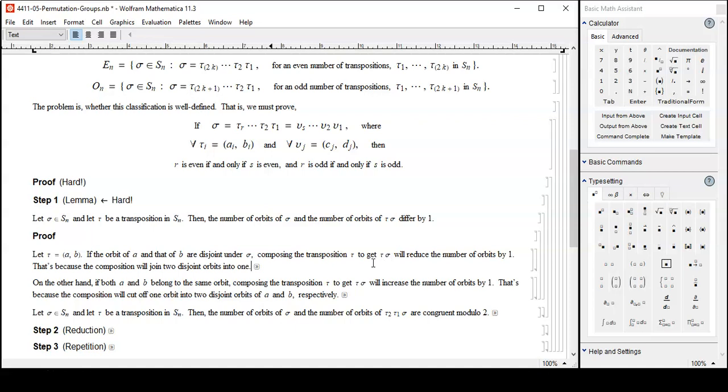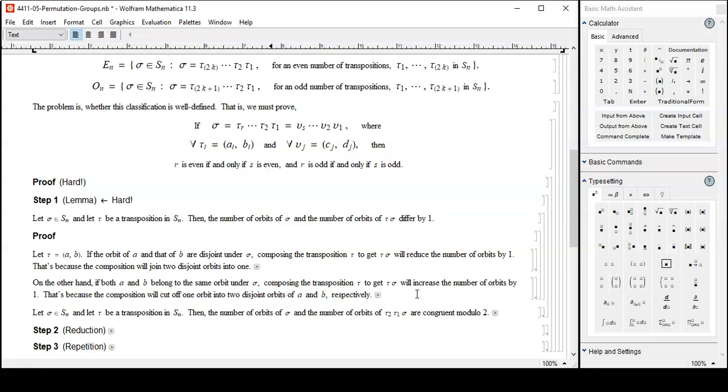So the number of orbits goes down by 1. And then, if A and B both belong to the same orbit under sigma, of course, composing the transposition tau to get tau sigma will increase the number of orbits by 1. So it either goes down by 1 or goes up by 1, depending upon whether A and B are disjoint or they belong to the same orbit.